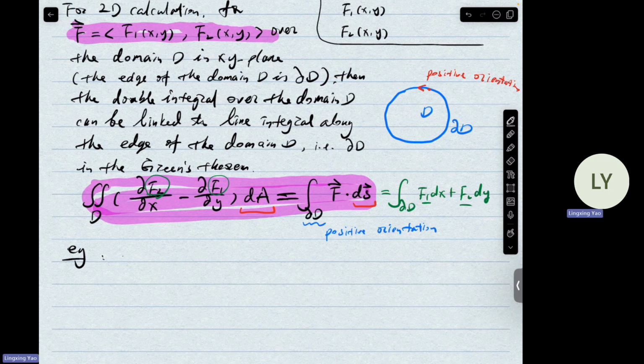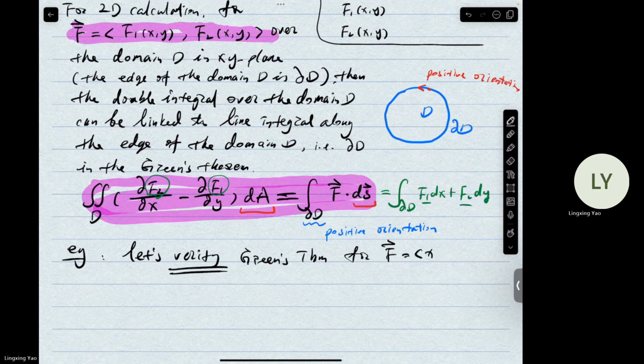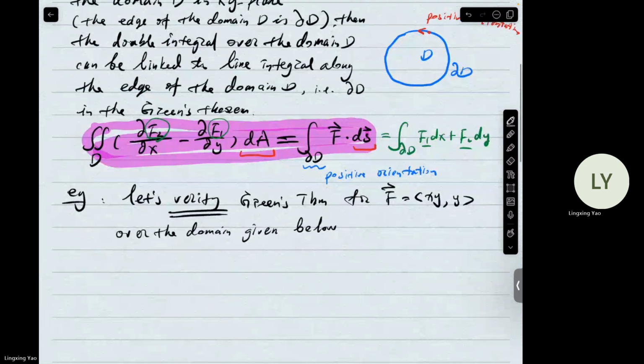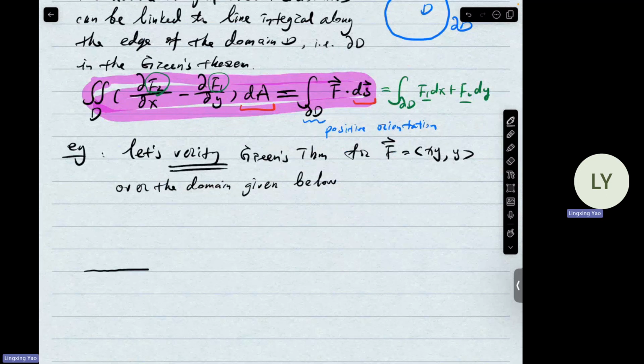So let's verify Green's theorem for the vector field capital F, which is given by little x times little y and y, over the domain given below, which is this one.